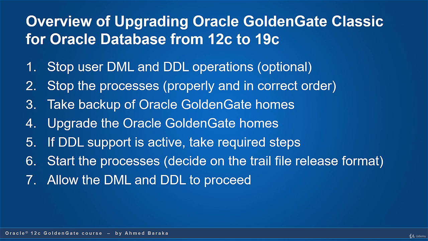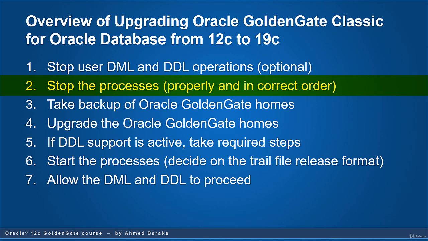At a high level, the upgrade goes through the following steps. First, if the business allows it, stop user DML and DDL operations on the replicated objects. You can avoid this step if you want to. In the second step, stop the GoldenGate processes properly and in the correct order.